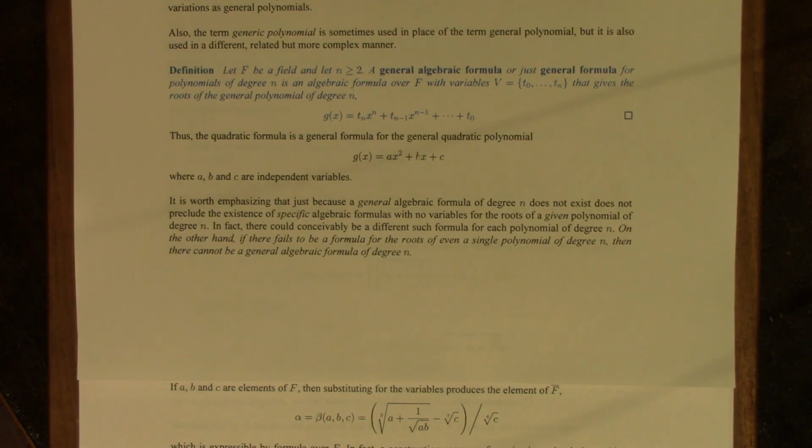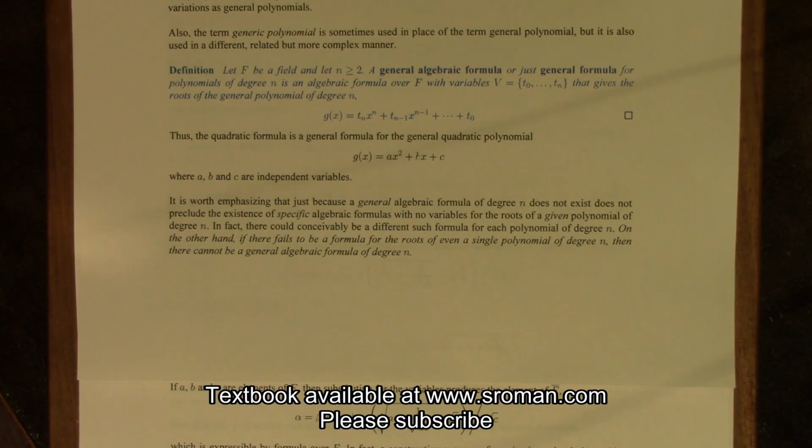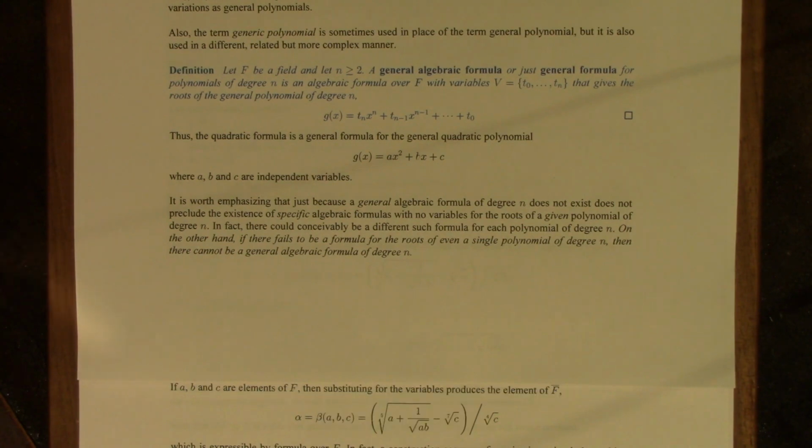On the other hand, if there fails to be a formula, an algebraic formula for the roots of even a single polynomial of degree n, just one is all it takes, then there can't be a general algebraic formula, because the general algebraic formula is valid for all of a given degree, valid for all polynomials of that degree.